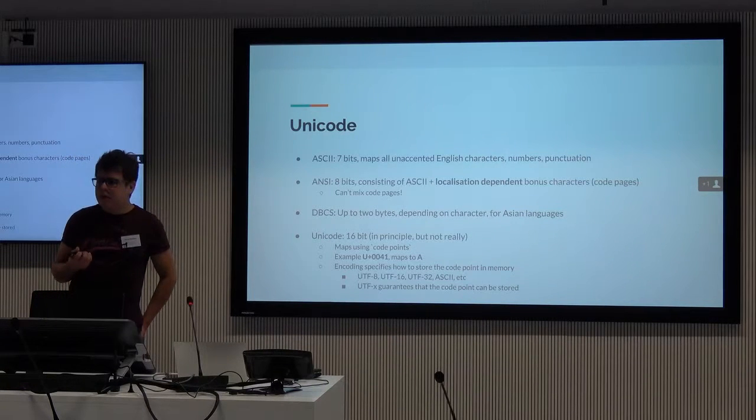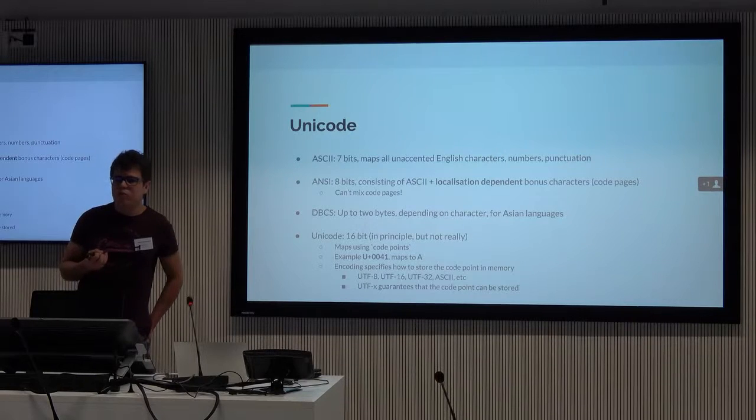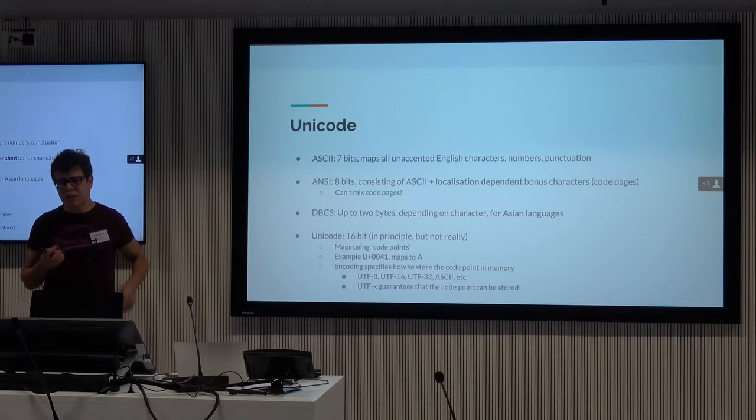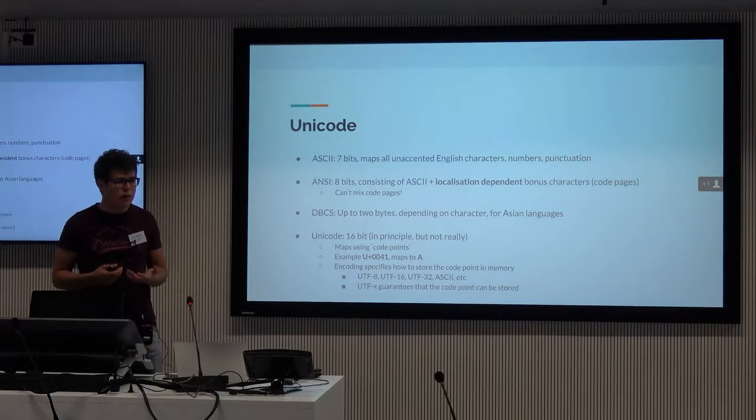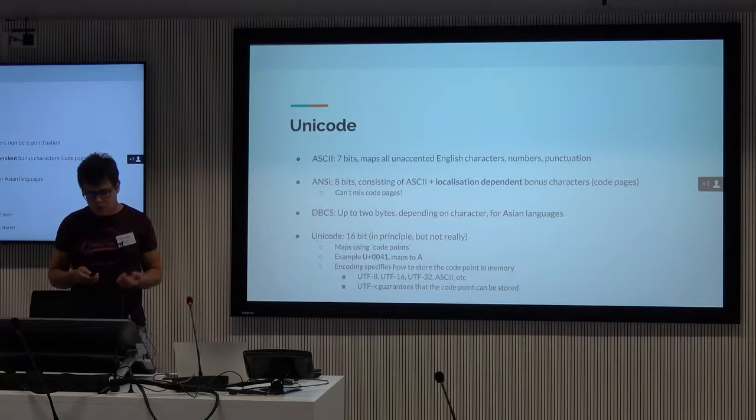While Python 3 makes you really aware of when you're working with a string, which is a set of Unicode characters, as opposed to when you're working with a set of bytes.